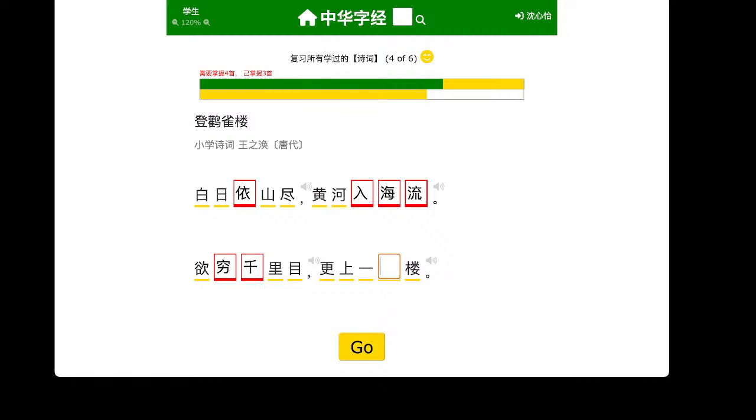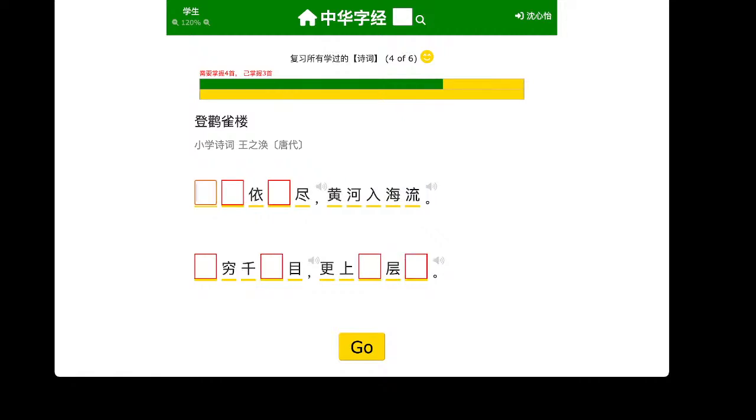白日依山尽。No, I'm just thinking about this. The progress bar taunts me. 没有了，这不是你的问题，因为你不是按照顺序来的，所以就 struggle。Yeah, because I'm actually learning all of these for the first time.